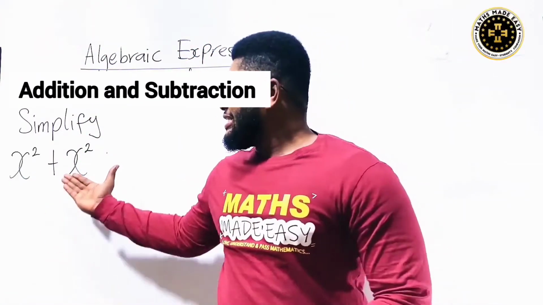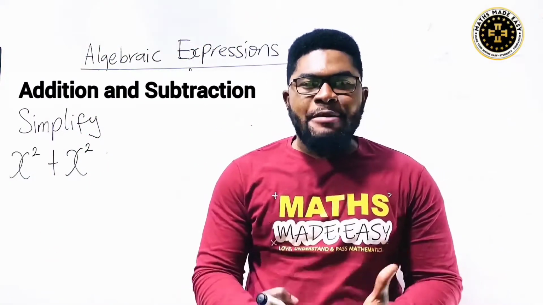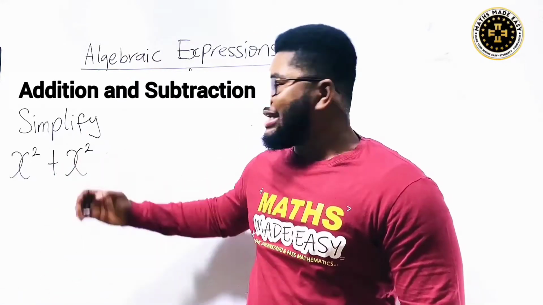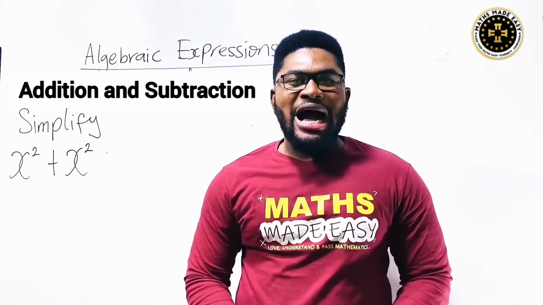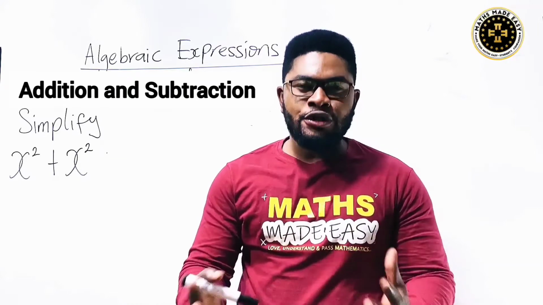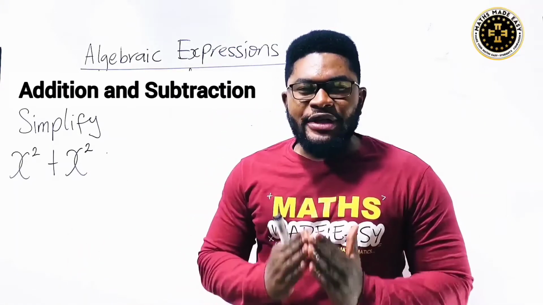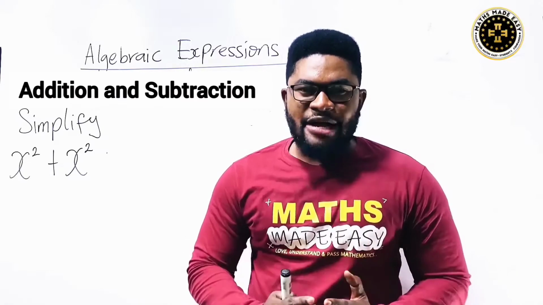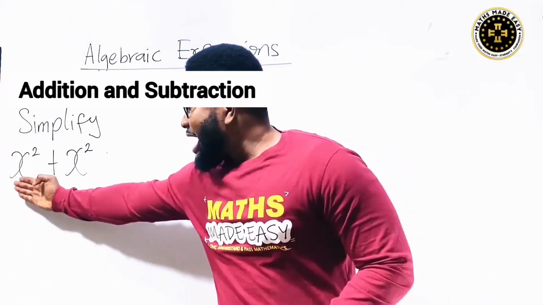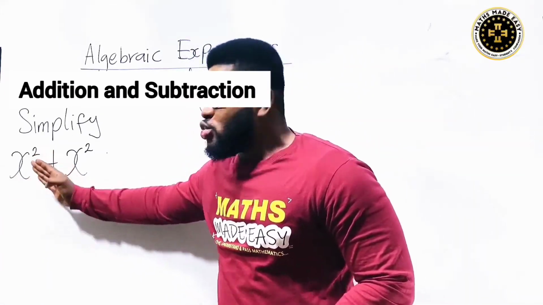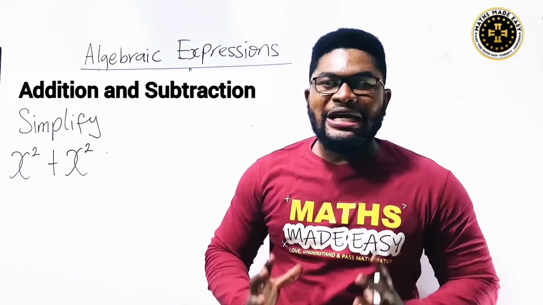Now, in this segment, we want to simplify x squared plus x squared as part of our addition and subtraction of algebraic expression. Rightly said, the terms are like terms. Why? I have a variable x raised to the power 2, another variable x raised to the power 2, making it like terms.